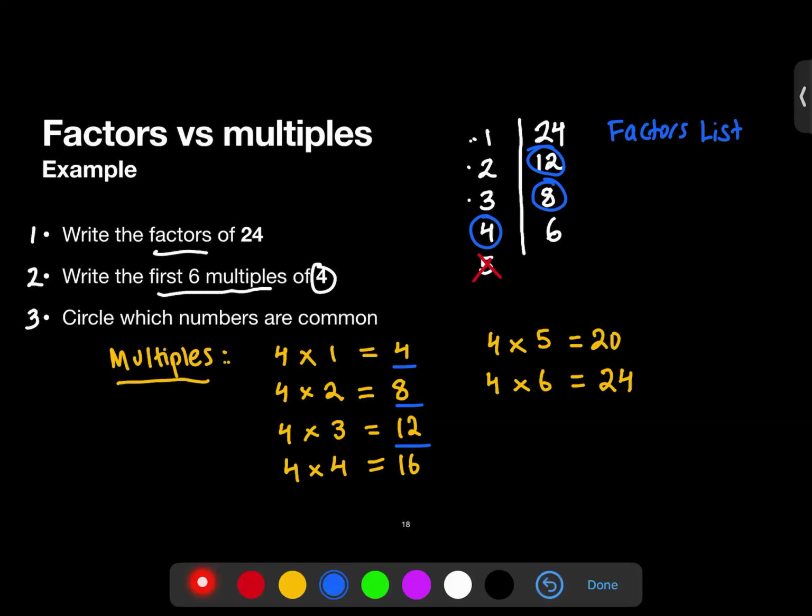No. Is 20? And 24. Good job. So we have 4 in common between the factors and the multiples.